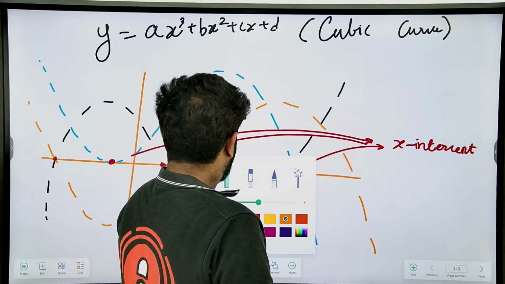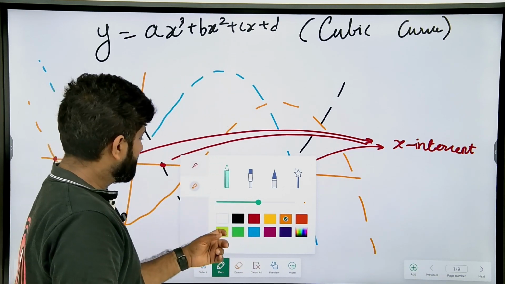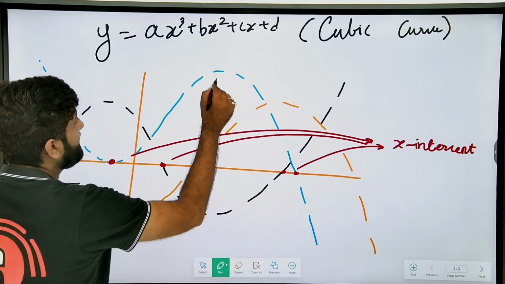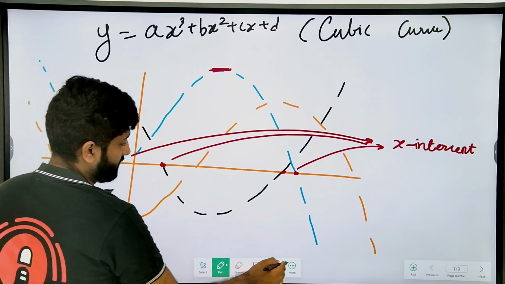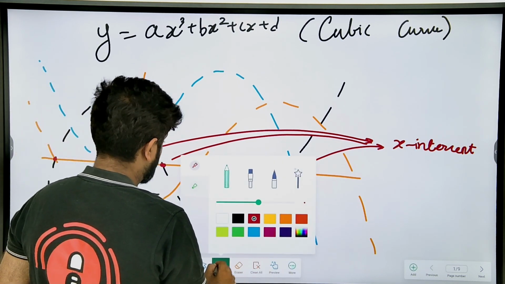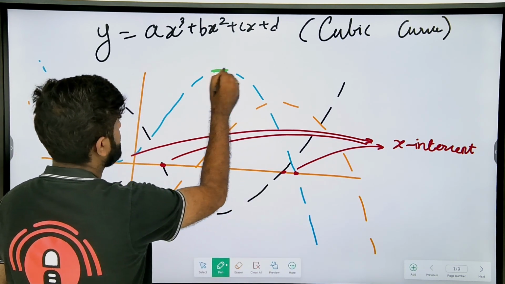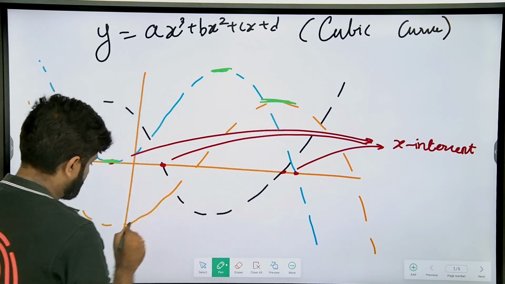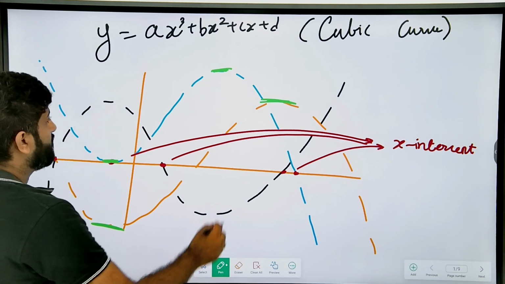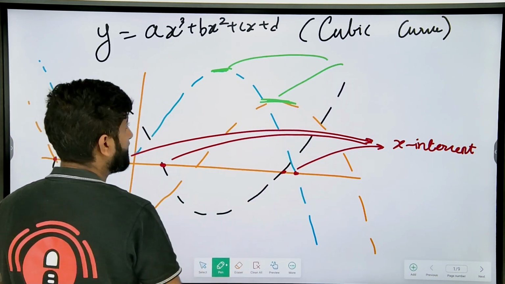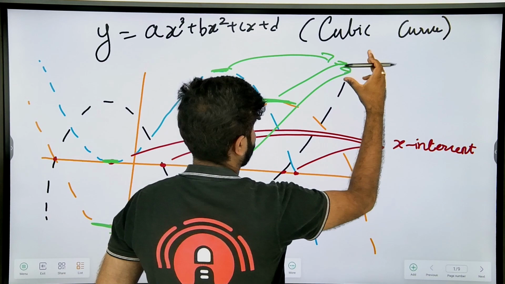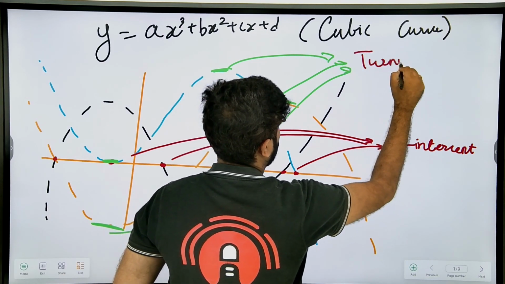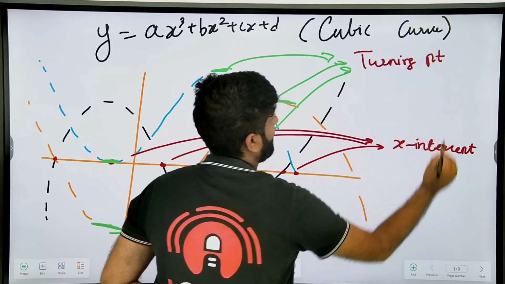Now, what are the other important points? Let's say these 2 points, this one and this one, and again this one and this one. So, what are these points, guys? These points are my turning points, right? Why turning points?